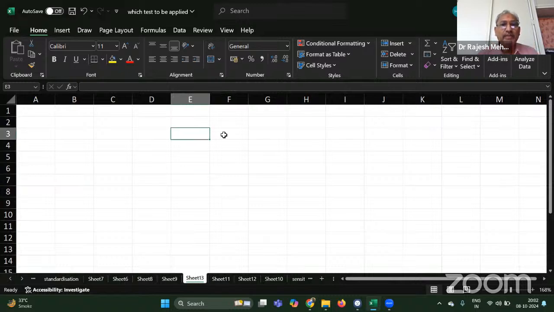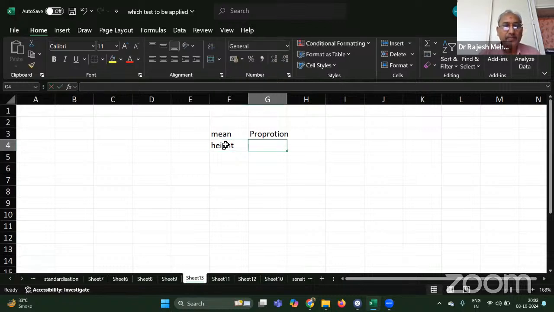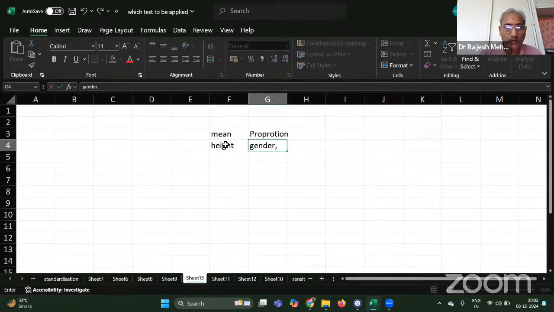Now the situation will be, all of you know that there are various kinds of variable. One would be where you can find out the mean, and other variable where you can find out proportion. The example over here will be simple height and weight. Here the example will be gender or the place of residence, like this, right?